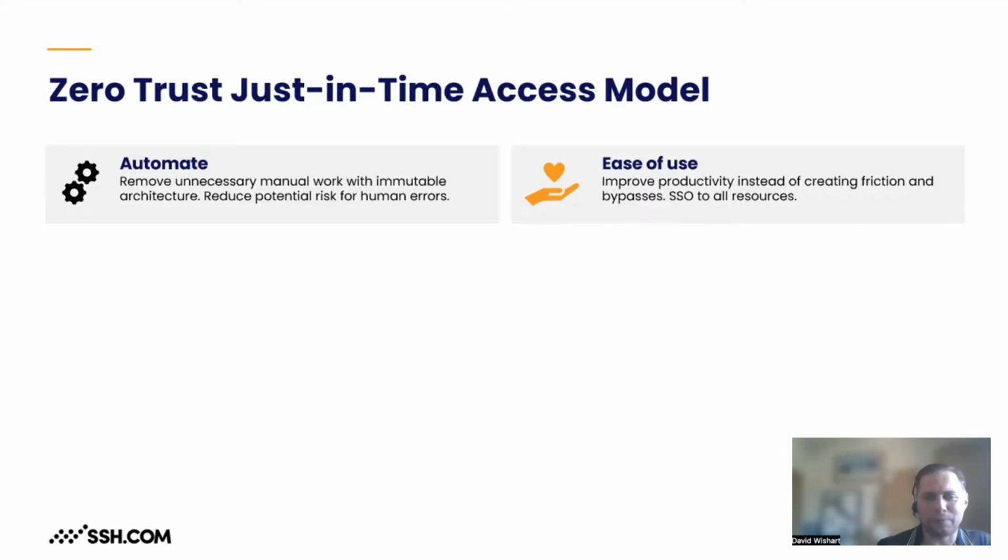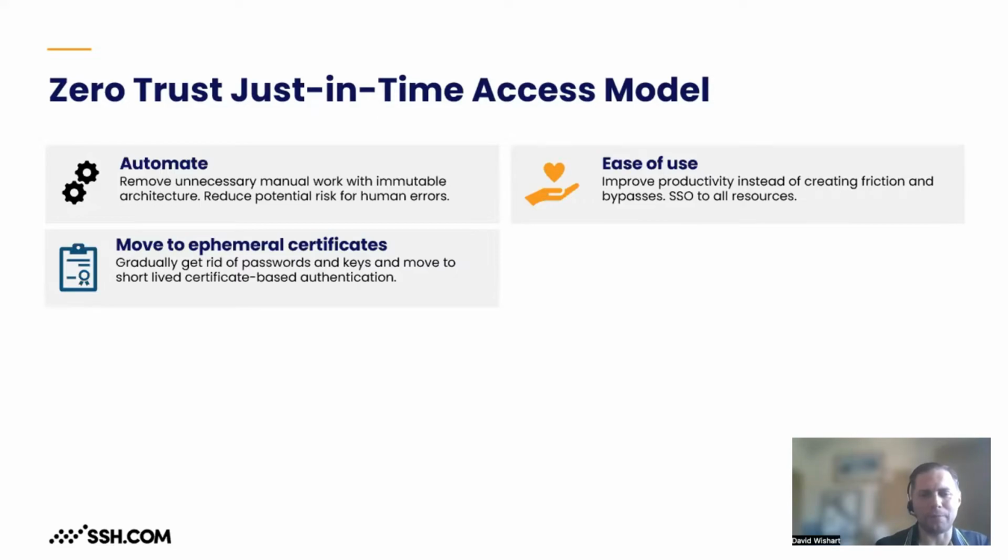Then we go back to the point of what happens if a security system or access system is difficult to use. Then people will just figure out ways to bypass them. In the most extreme cases, I've seen developers ordering their own DSL lines to the office for internet connectivity when the corporate network is too restrictive and impossible to work with.